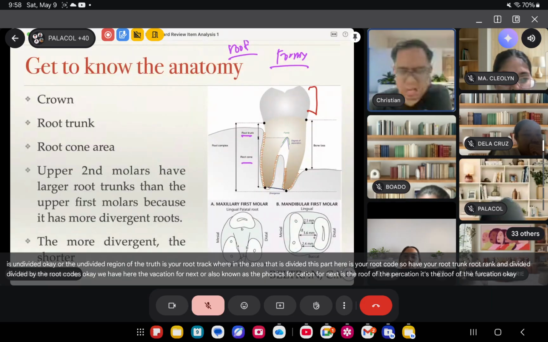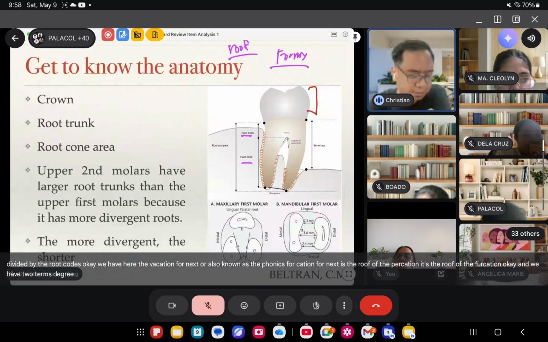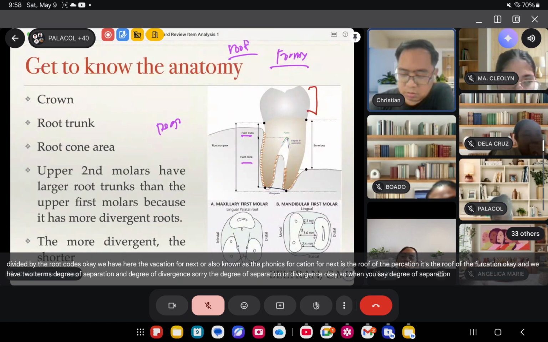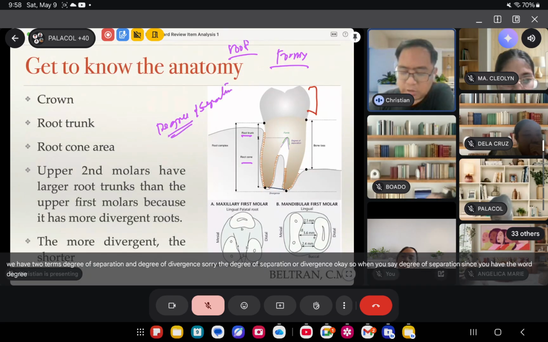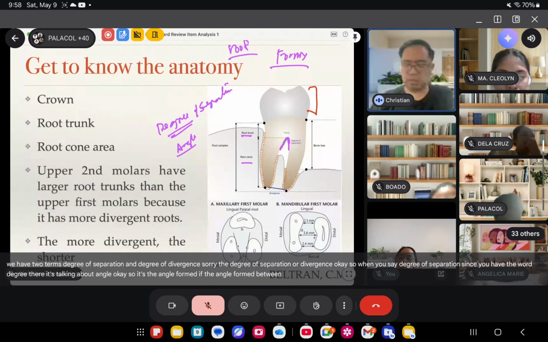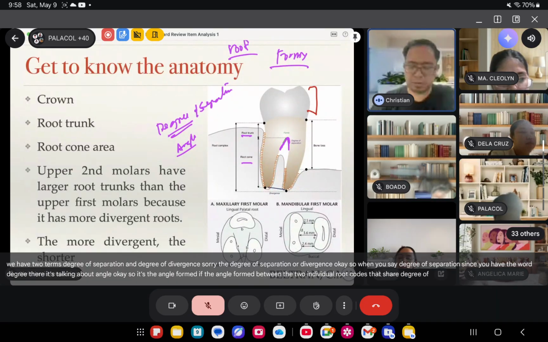And we have two terms, degree of separation and degree of divergence. So when you say degree of separation, since you have the word degree there, it's talking about angle. So it's the angle formed between the two individual root cones. That's your degree of separation.